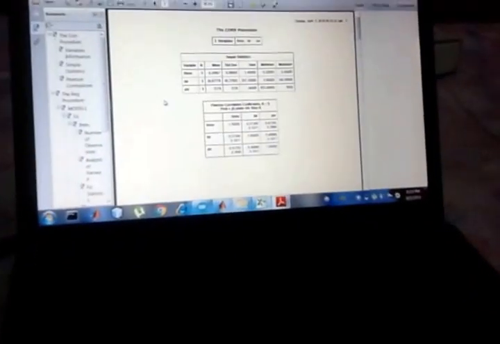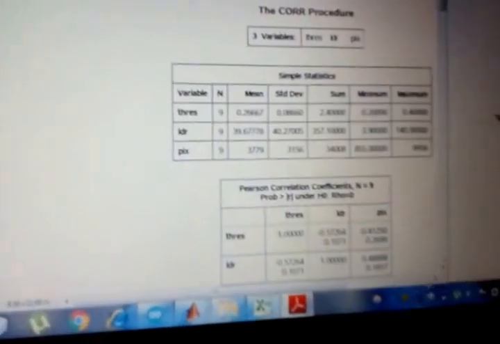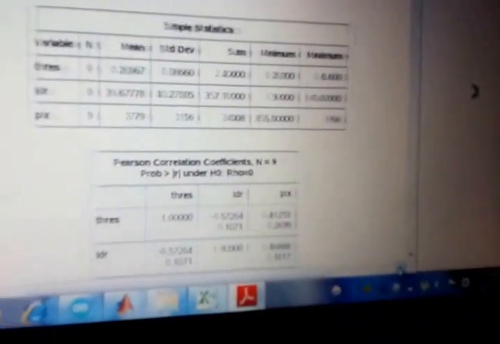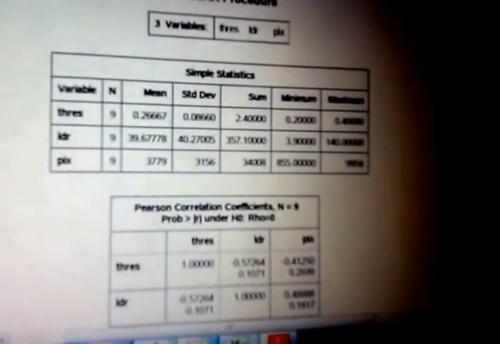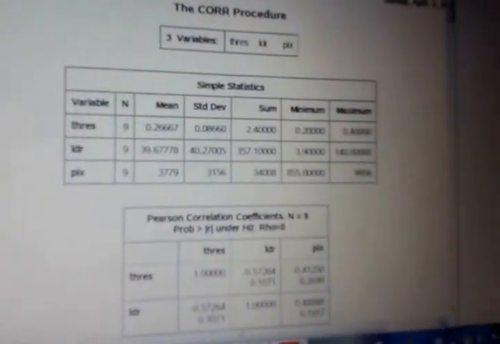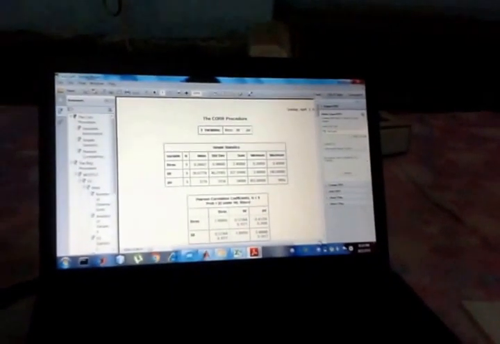We know LDR resistance and lux are inversely proportional, and it has shown us that threshold value and LDR resistance are very much inversely proportional in a particular range.